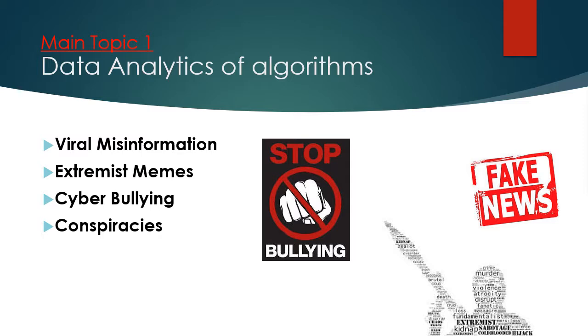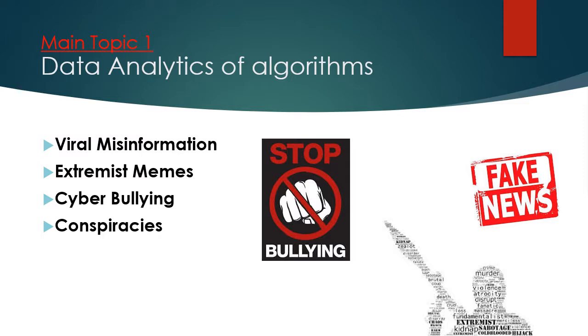And what we're trying to get at, Britton and I are trying to get at, is that the algorithms themselves are unbiased. The algorithms don't know that this viral misinformation is bad. They just know that it spreads, and when people see it, they share it, whether or not they believe it, right?